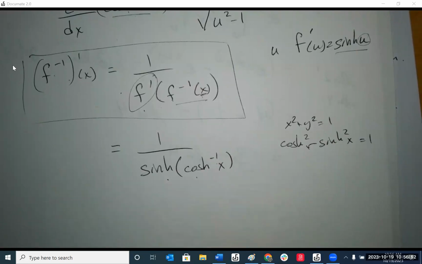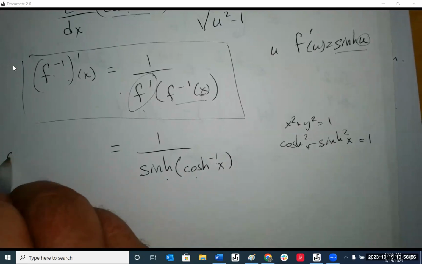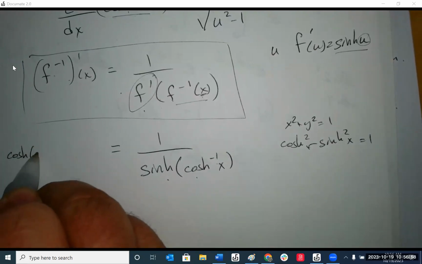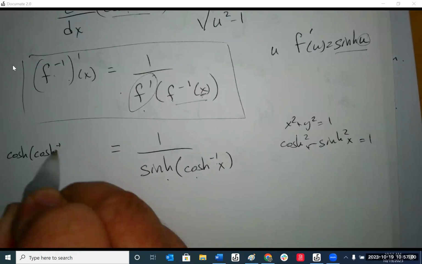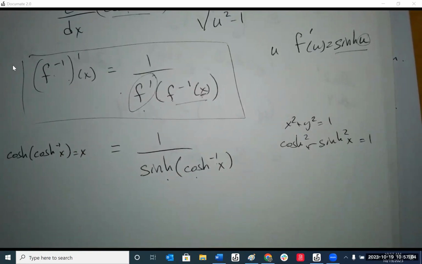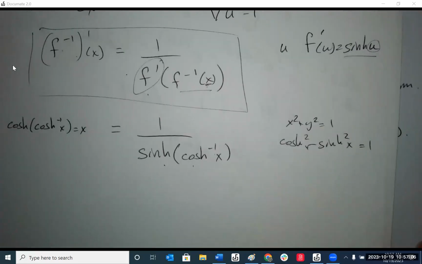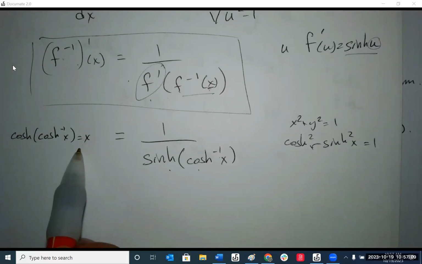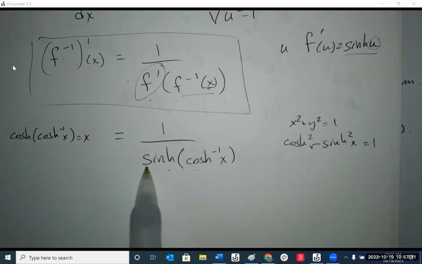Because what we're looking for is this: if we had cosh inverse of x, then we know that would equal x. If the function and its inverse, then it equals x. So since we have sine and cosine, we have to make sine into cosine.